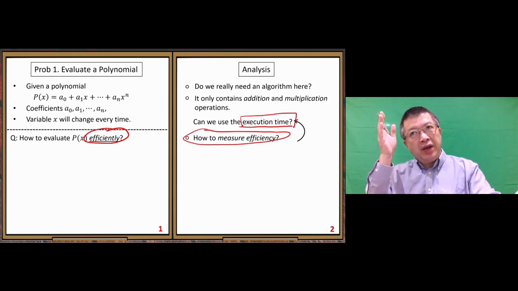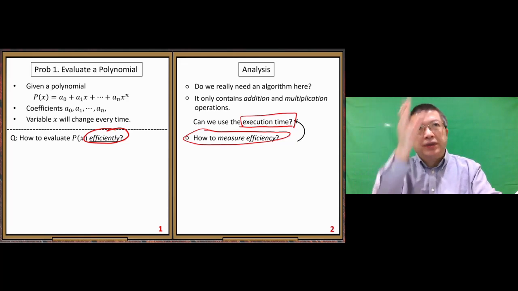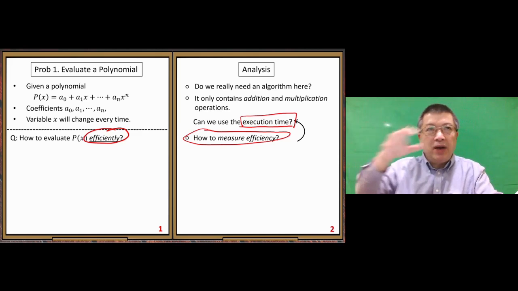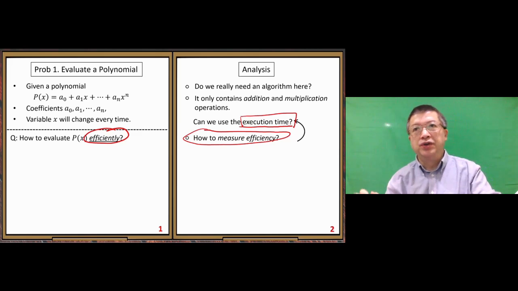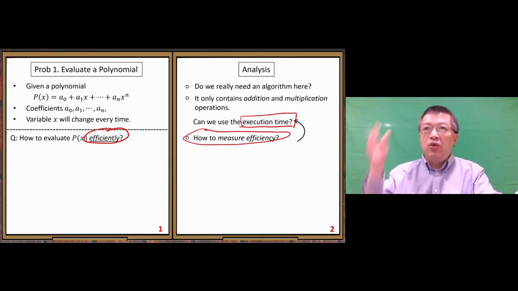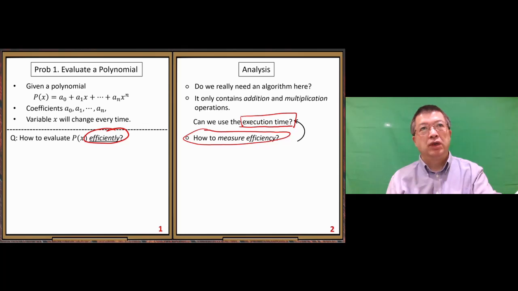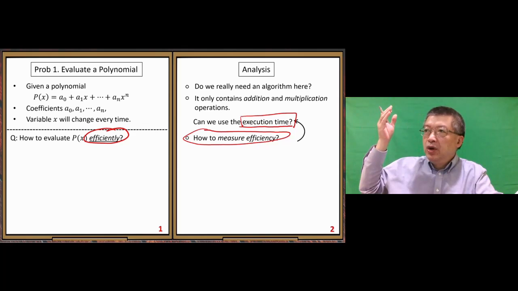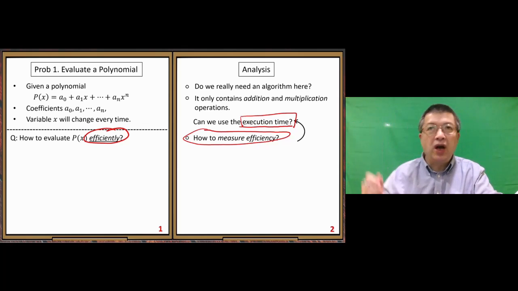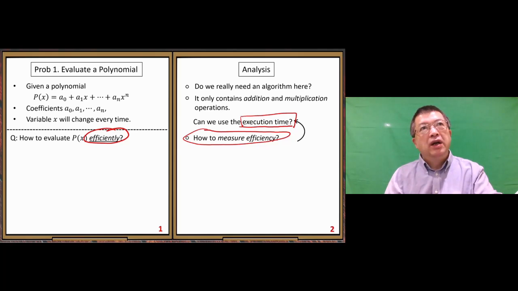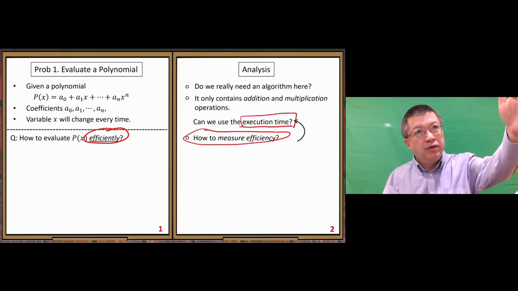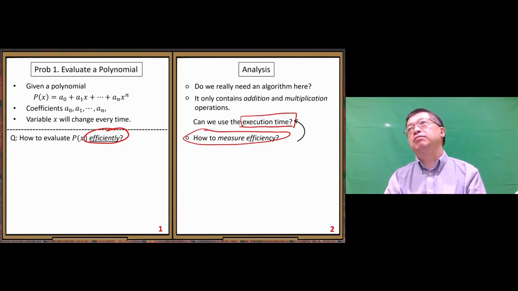But if you try to think about all the possibilities related to this execution time, you can see this is not a good measure. Because when we run the same program on different computers, if you clock it, if you record the execution time, I believe each one will give me a different answer.